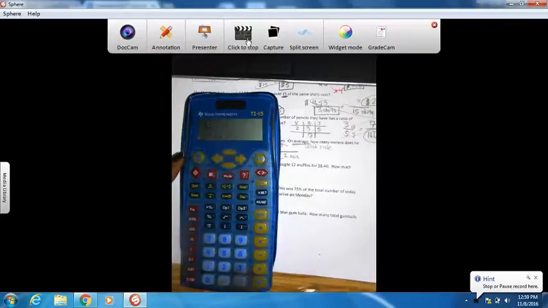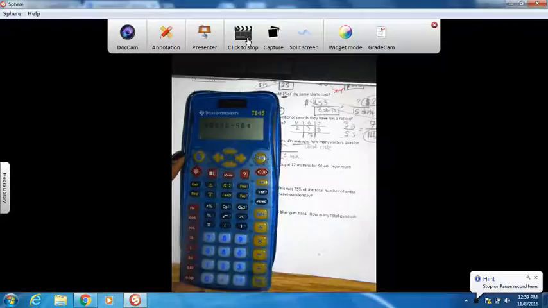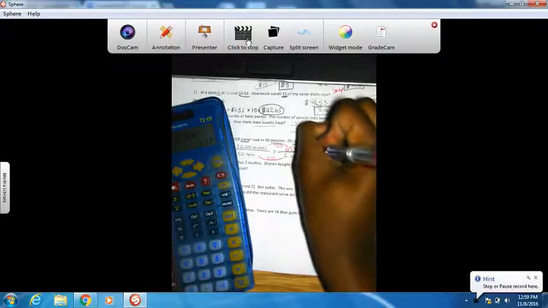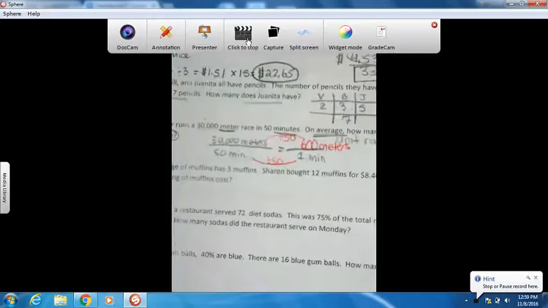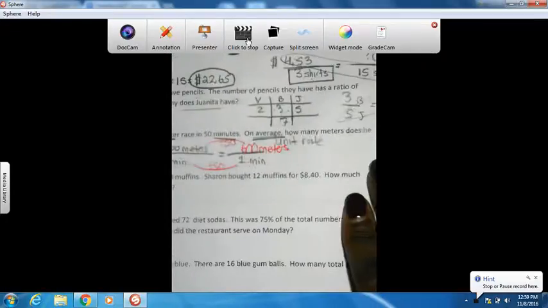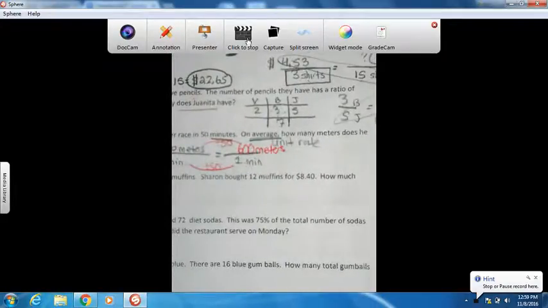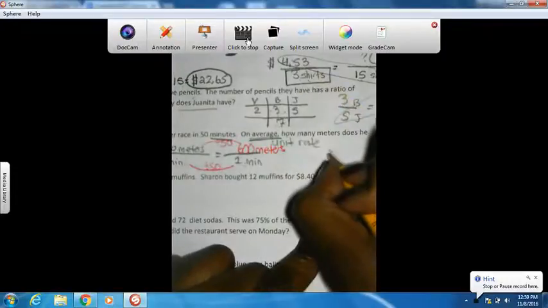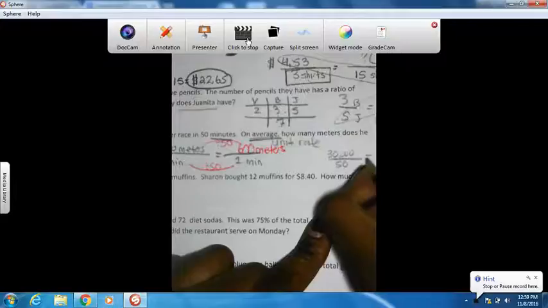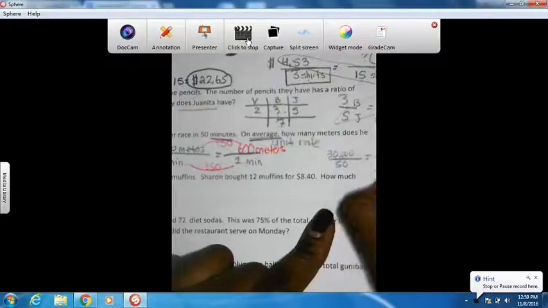30,000 divided by 50. And that leaves us with 600 meters. Now, another thing you could have done was solve it like a proportion instead of scaling. So you could have done 30,000 over 50 equals 1 down here.